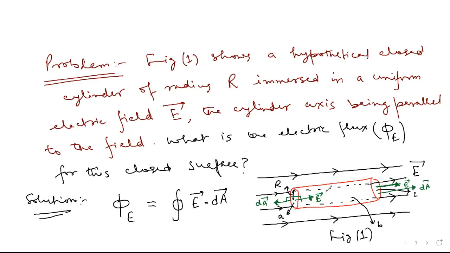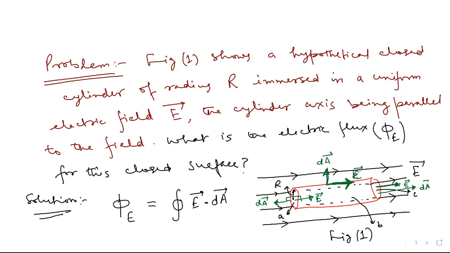What about the curved walls? You can see the electric field for this piece of the curved walls is along the surface, as is true for every piece of the surface. And this is the electric field, and the area vector is the outward normal, dA.